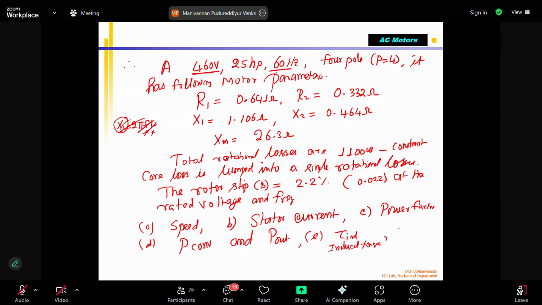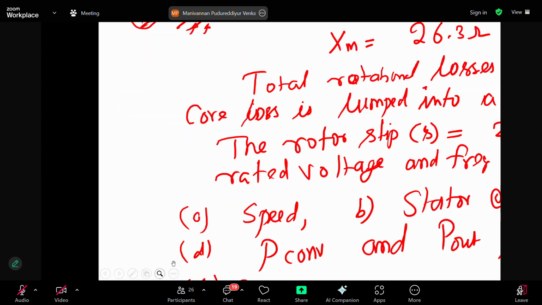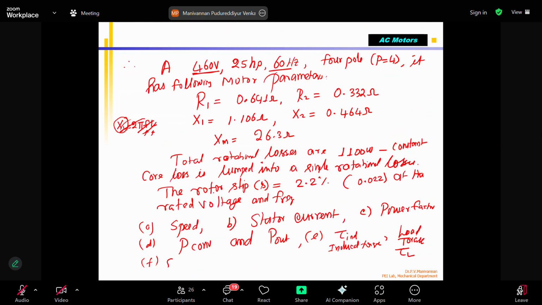And the load torque, they have mentioned tau L. Lastly, they wanted to find out the efficiency of this motor. Efficiency of motor. 7 parameters they ask you to compute using the data available in the problem statement.